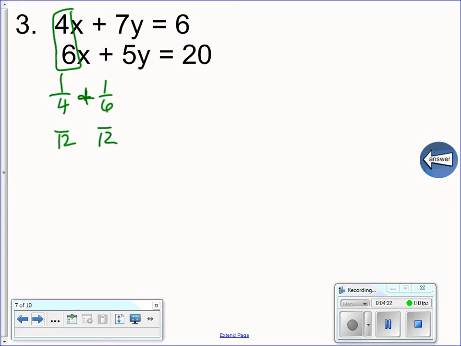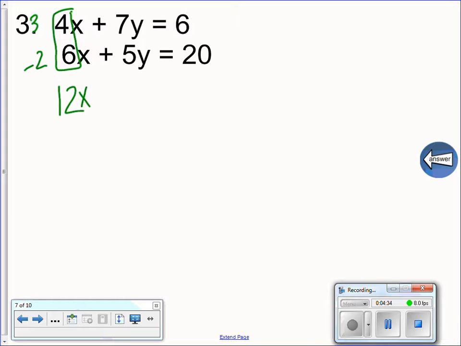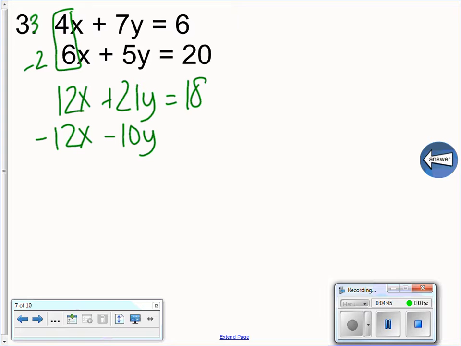So that's exactly what I want to do with this one. I'm going to multiply the top equation by 3 and the bottom by negative 2. The top equation times 3 would be 12x plus 21y equals 18. And the bottom equation would be negative 12x minus 10y equals negative 40.